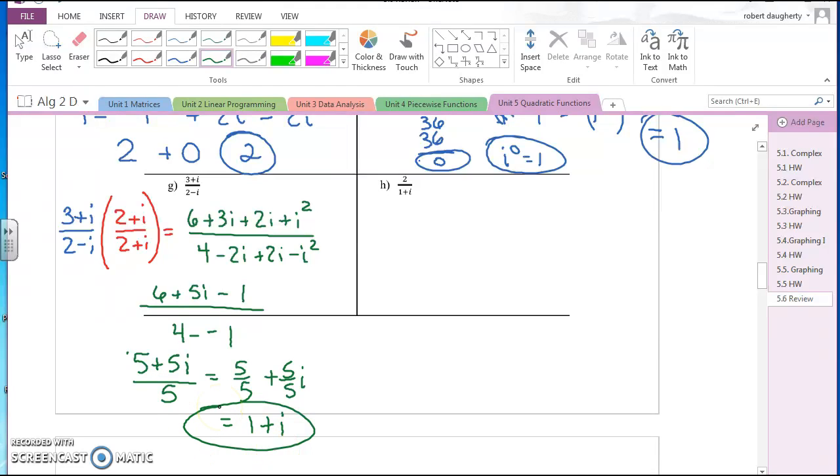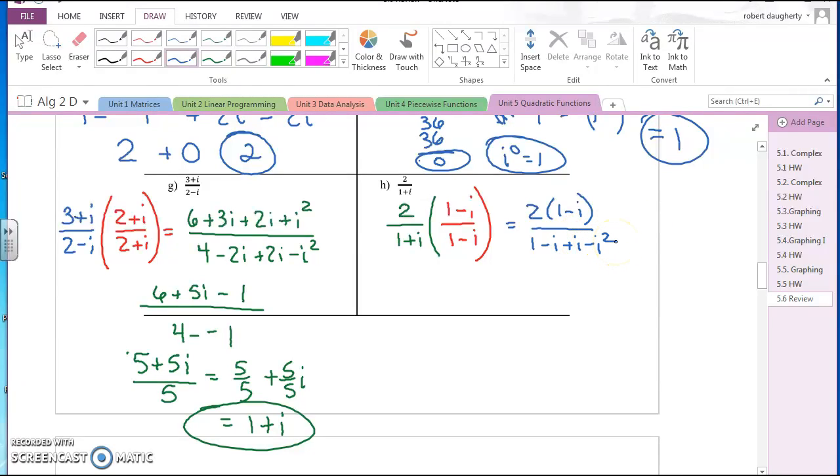And the next one, 2 over 1 plus i. I need to multiply that by 1 in the form of 1 minus i over 1 minus i. That will clear the denominator for me. So I get 2 times 1 minus i over 1 minus i plus i minus i squared.